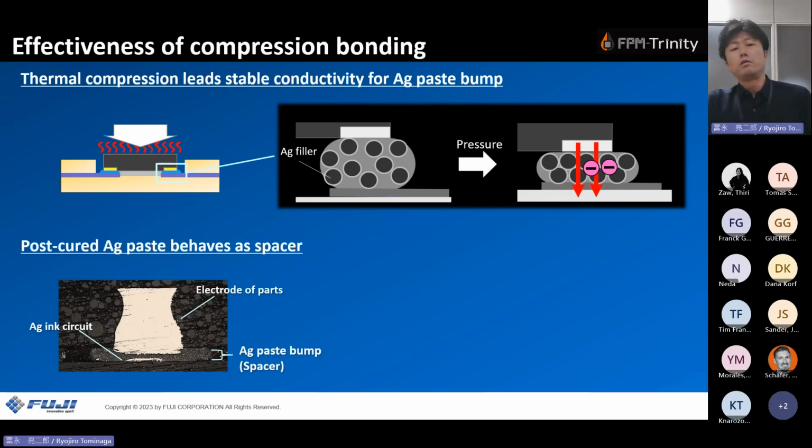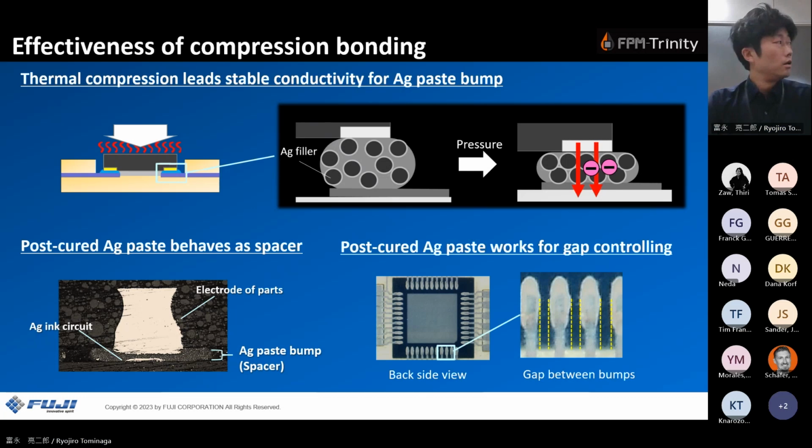And because we cure the silver paste beforehand, this low modulus silver paste works as a spacer, so we can control the gap. Even though we press the component a lot, because of that cured silver paste bump, we can control the space, and our parts mounting process is very reliable.